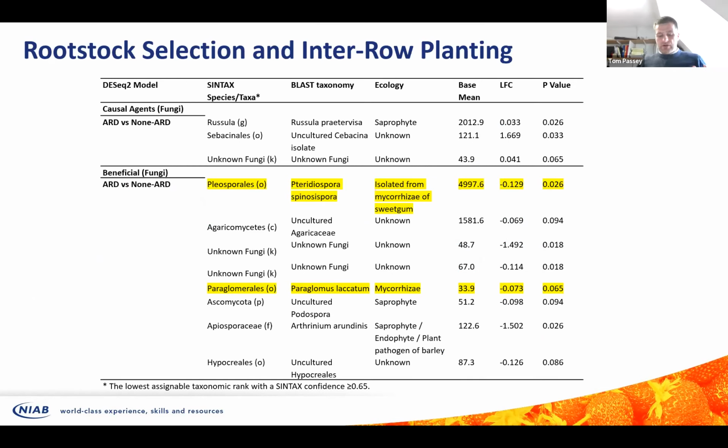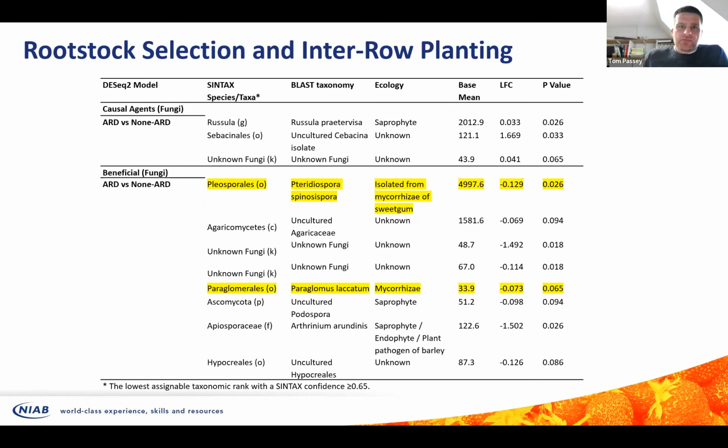Going into having a look at what some of those things actually are is quite tricky at the moment with the sequencing we do. This is where we've extracted DNA, sequenced what's living in the soil that we've sampled, and try from that to work out what some of these causal agents might be, where we're talking about the various different issues that are causing ARD. It's quite tricky to do with the power of the sequencing that we're using at the moment to really get down to genus or species level.